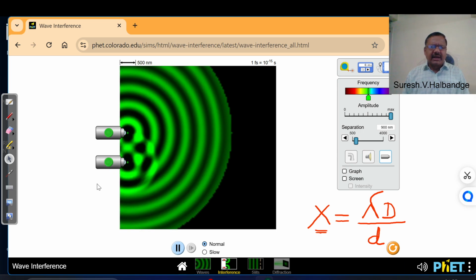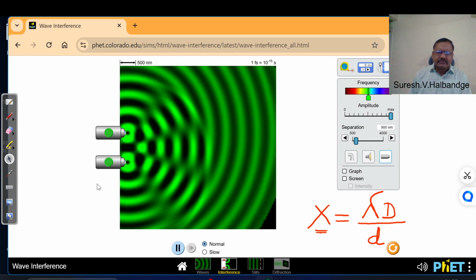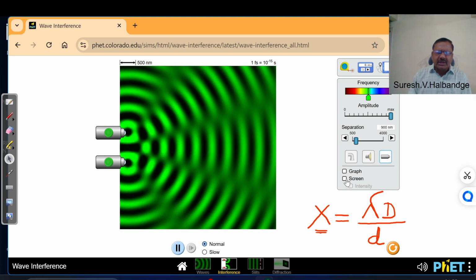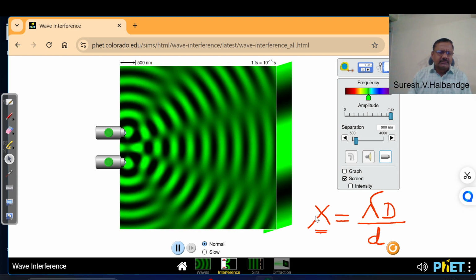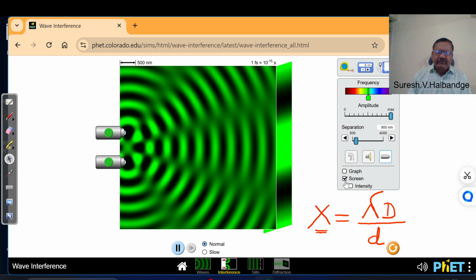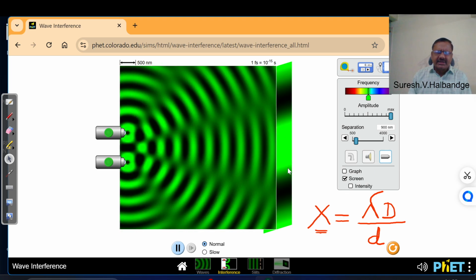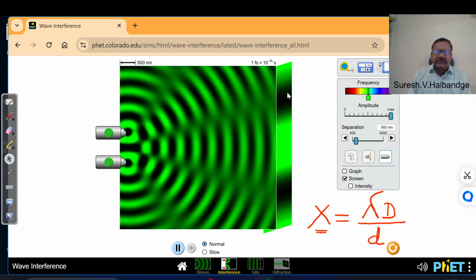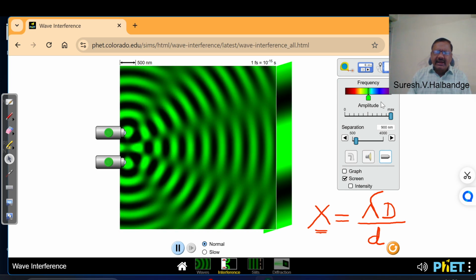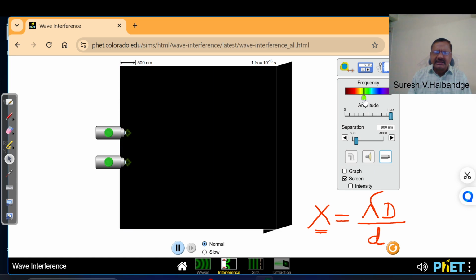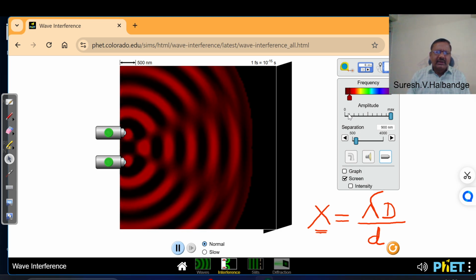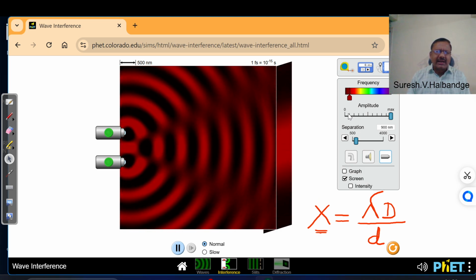Okay, I have started. So let us see the interference pattern on the screen. Right, we are able to see the perfect dark and bright bands. Now I'll change the wavelength. Let us see what happens. I am moving towards the red color. You can observe the wonderful interference pattern on the screen.